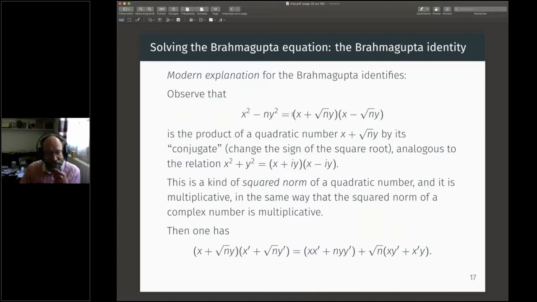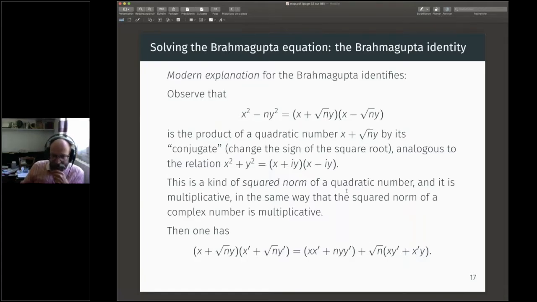This is a product of what we could call a quadratic number, because it involves square roots, multiplied by its conjugate, meaning that I just change the sign of the square root. This is analogous to the relation x² plus y² equals (x plus iy) times (x minus iy). And in some sense, x² minus ny² is a kind of squared norm of the quadratic number.